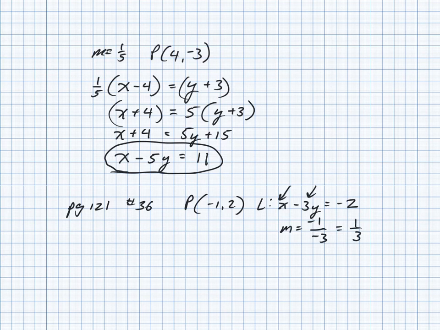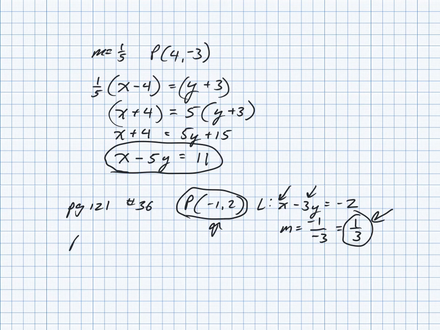Okay, so now we have the slope, and now we have a point. And so we can immediately write the equation of the line that's parallel. Now, the equation of the line that's parallel to that line that was given must also have the slope of 1/3. In this case, though, it's going to be going through this point. So it's going to be a distinctly different line. It's going to be a line going through that point, but having the exact same slope.